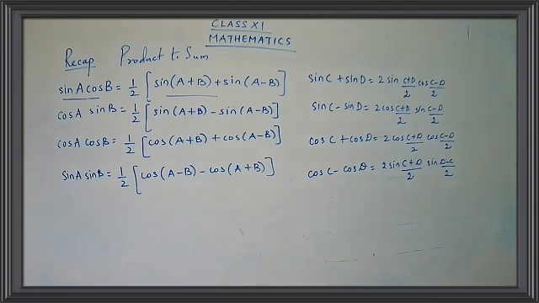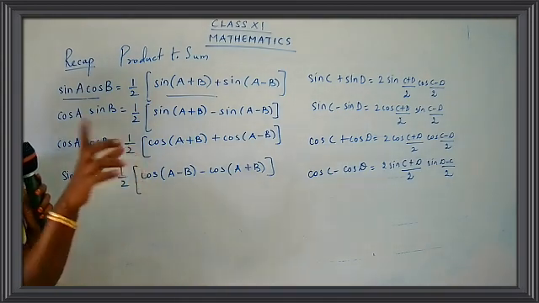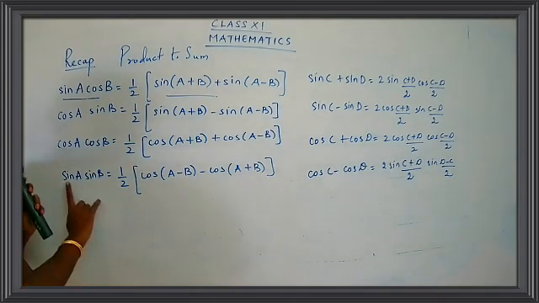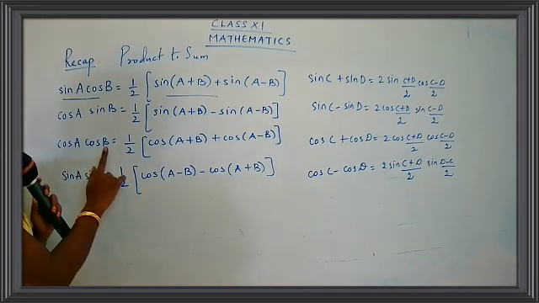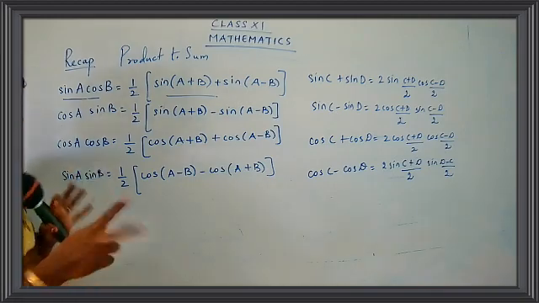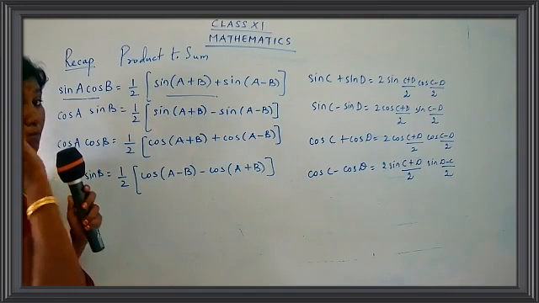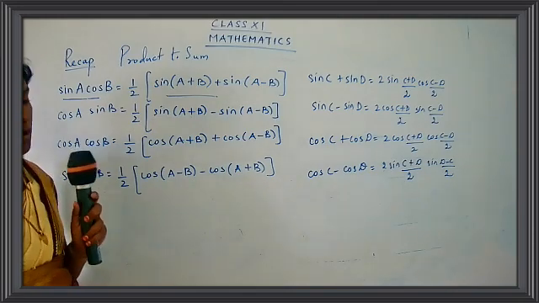Okay, coming to the next one. Sin A sin B. What is the formula for sin A sin B? That's half of cos. Now there's a change, children, over here. Just keep in mind to write down the order properly.